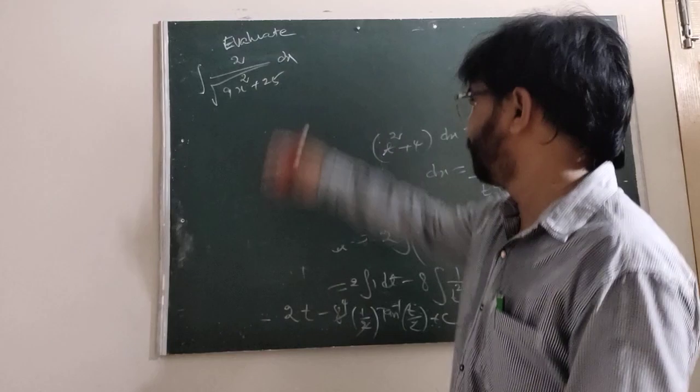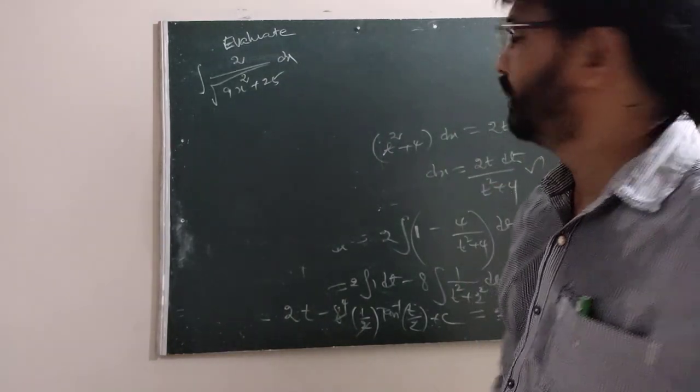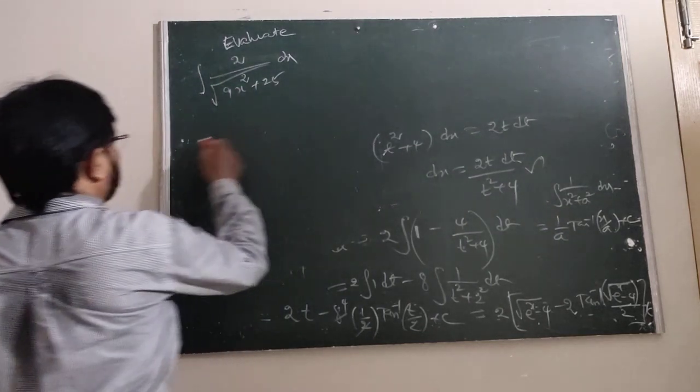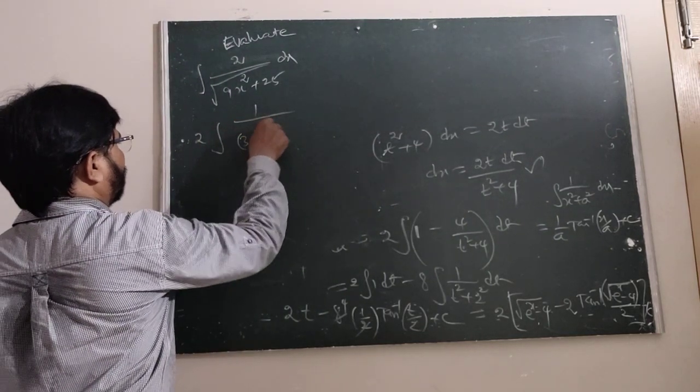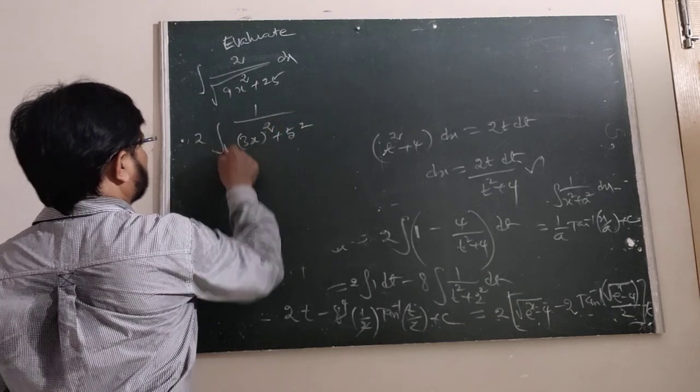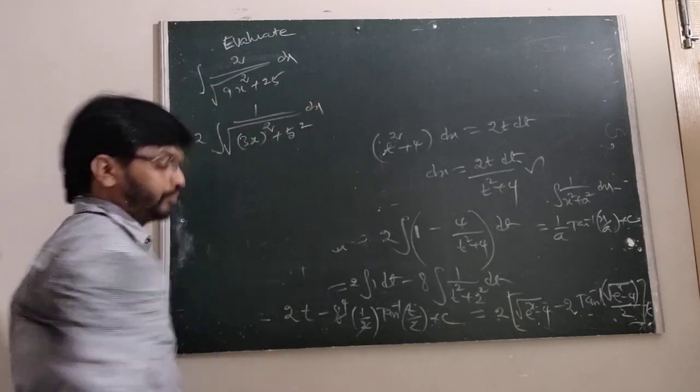So now we are going to discuss, evaluate the integral 2 by under root 9x square plus 25. Now this is 1 upon (3x) whole square plus 5 square dx.